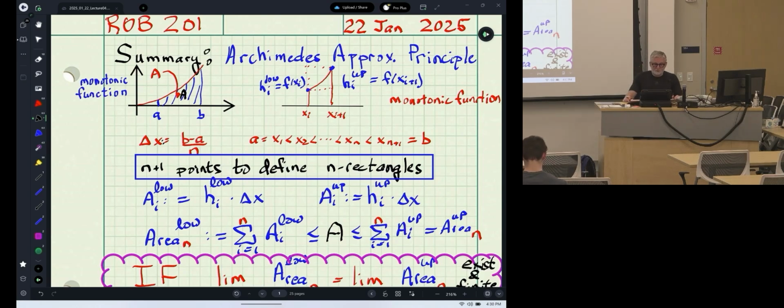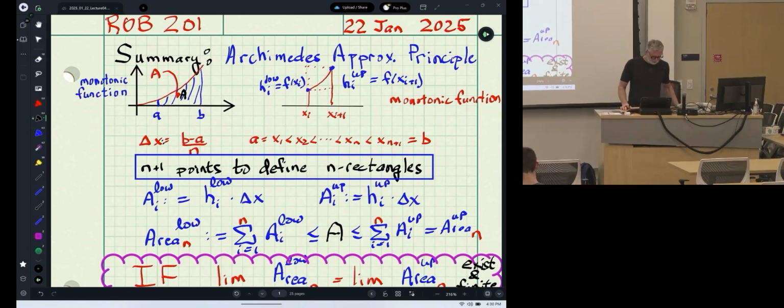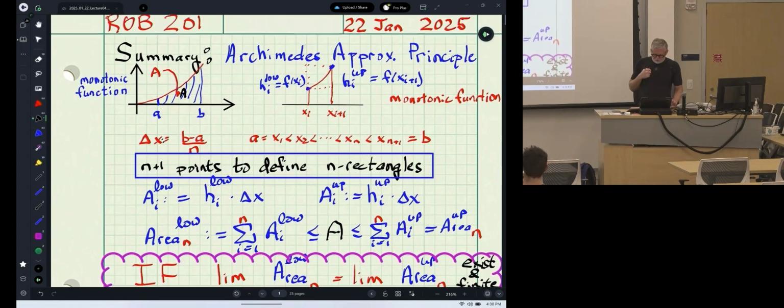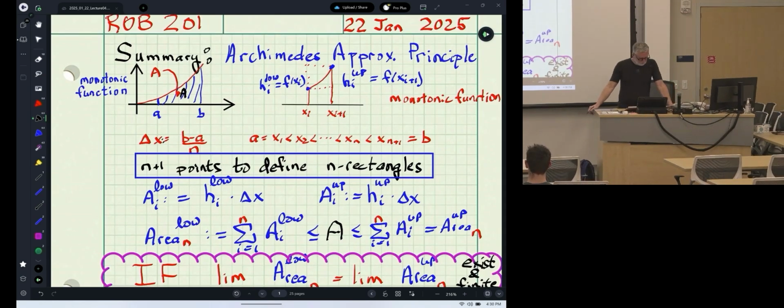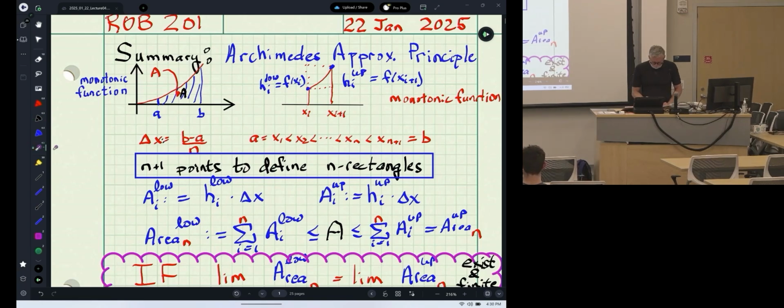Okay, so this is a summary to set us up for doing Riemann integration. We have Archimedes' approximation principle from 200 BC, and we've applied it to monotonic functions because then it's very easy to figure out, if you're going to do a lower approximation and you've got an interval broken up into smaller pieces, that the leftmost side is going to give you the lower bound and the rightmost side is going to give you the upper bound.